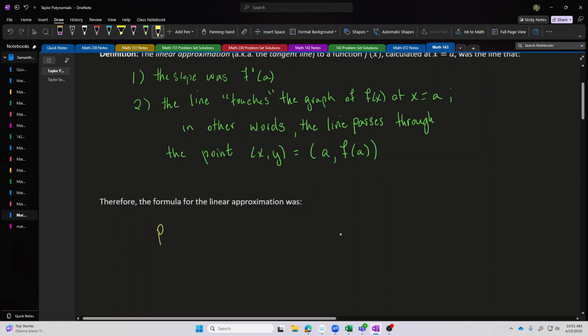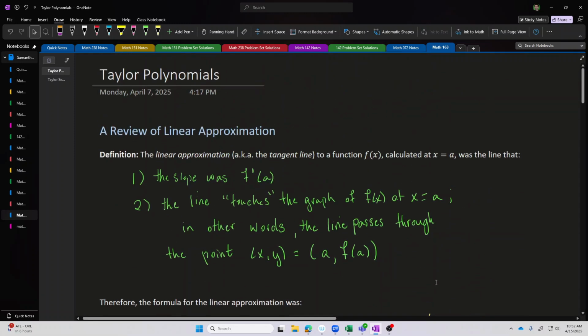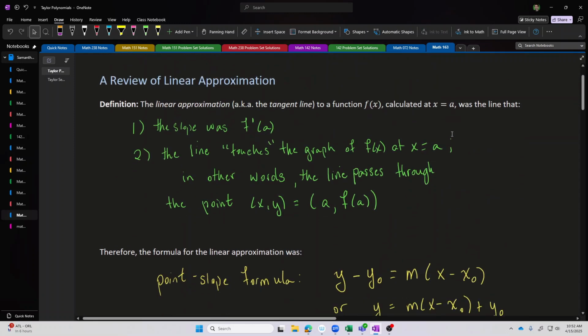So let's just remind ourselves that if I apply the point slope formula specifically to the tangent line described in this paragraph, the slope of the line is going to be f prime at a, so that's going to be our m value. And the specific point that the line passes through is going to be given by a comma f of a.